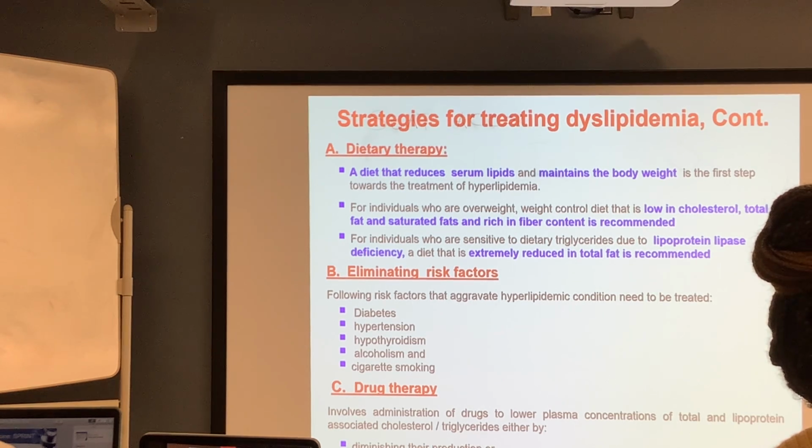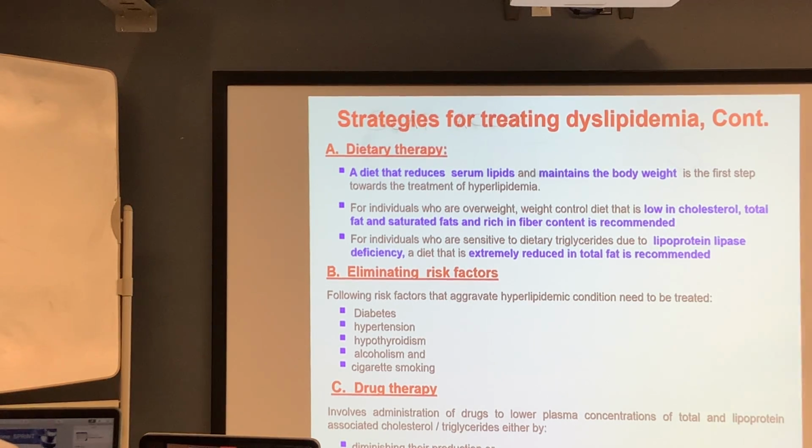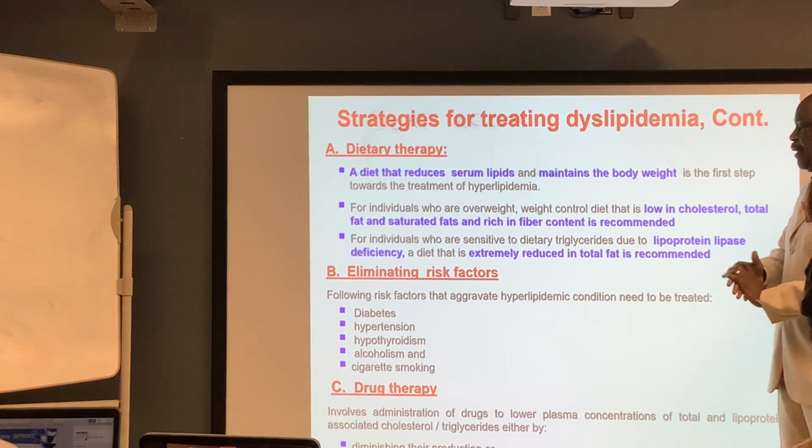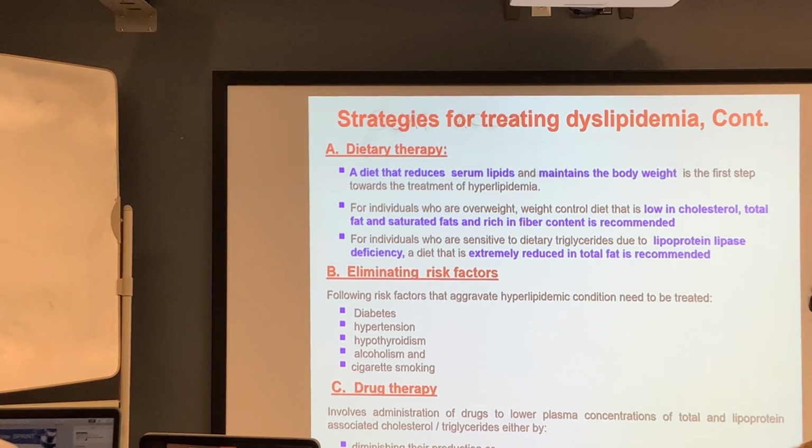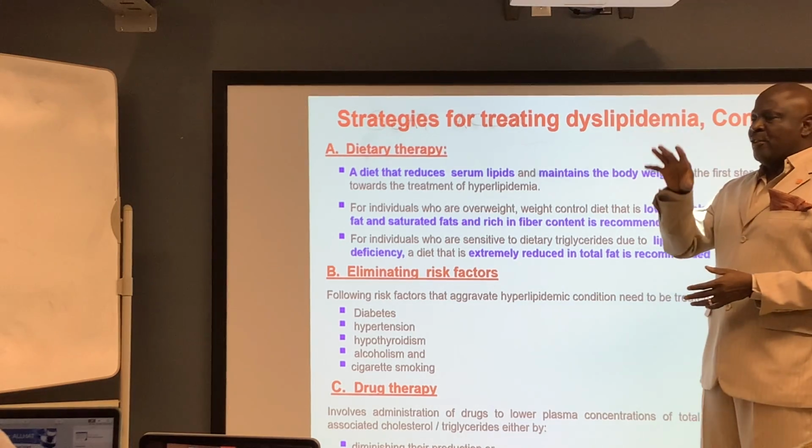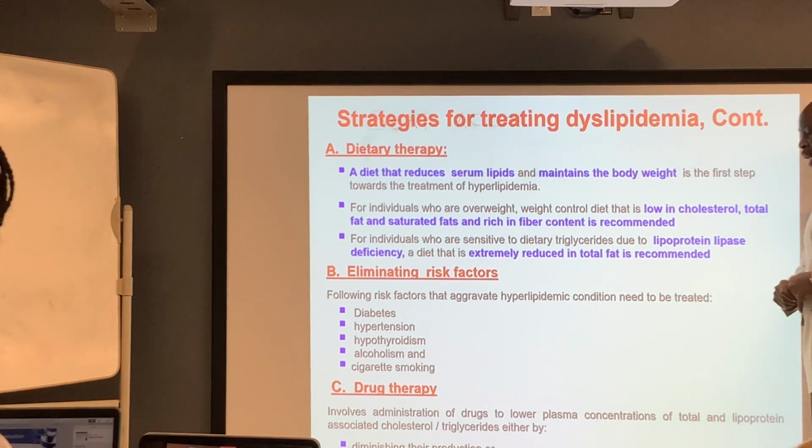Now, what are the risk factors to eliminate as a way of treating dyslipidemia? You've got to treat for diabetes, treat for hypertension, treat for hypothyroidism, treat for alcoholism and cigarette smoking. And when it comes to drug therapy, you just have to use drugs that will reduce the amount of cholesterol. When you are reducing the amount of cholesterol, there are two strategies.